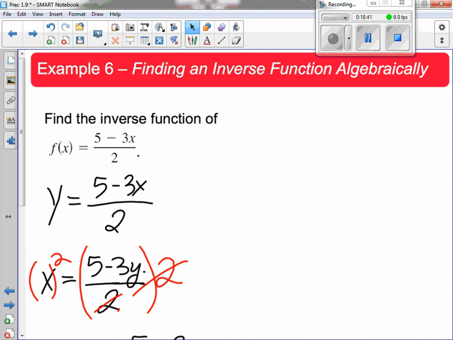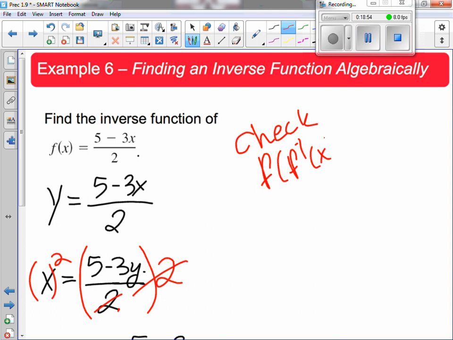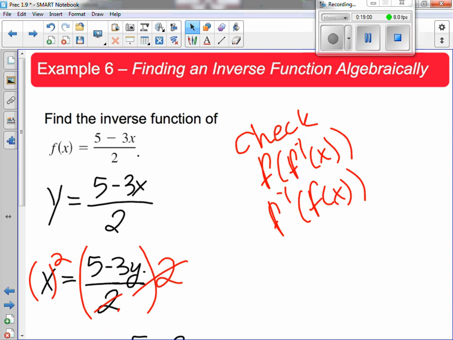So sometimes when it's asking me, are these two functions inverses? If they're not too bad, I will do the check. I'll write it here. F of f inverse of x and f inverse of f of x. This is checking to see if they are the same.